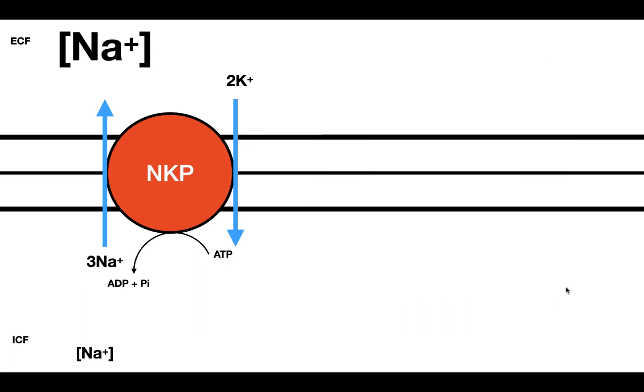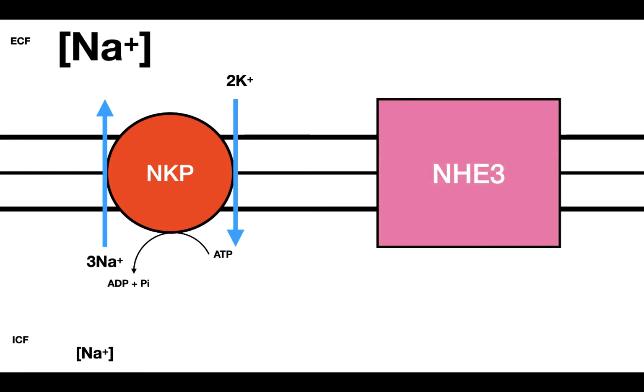Now, in a similar circumstance, we have another protein that does exchange. This protein is NHE3, the sodium hydrogen ion exchanger 3. Basically, it brings 1 sodium into the cell and brings out 1 hydronium ion. It does this in a similar way to the cotransporter.